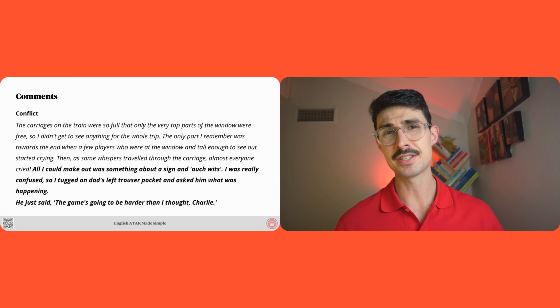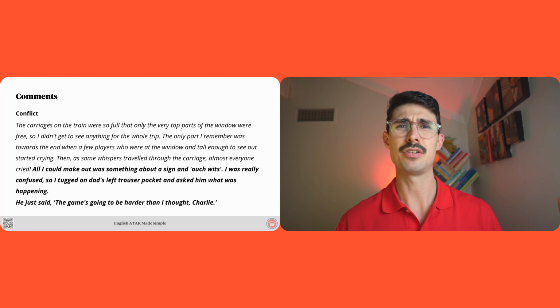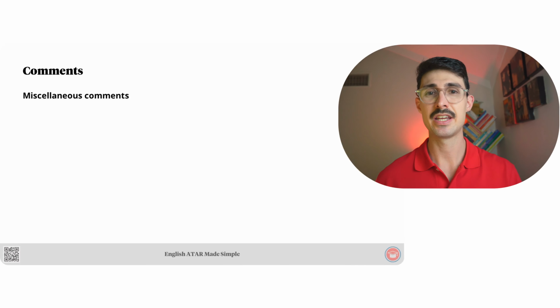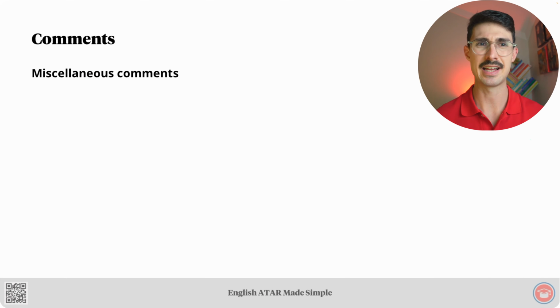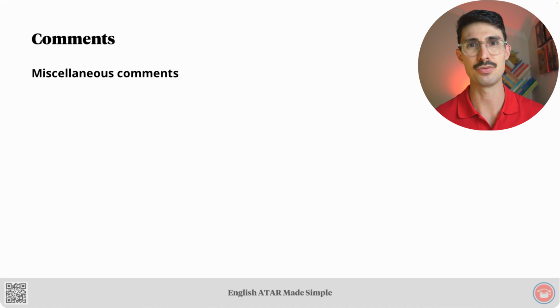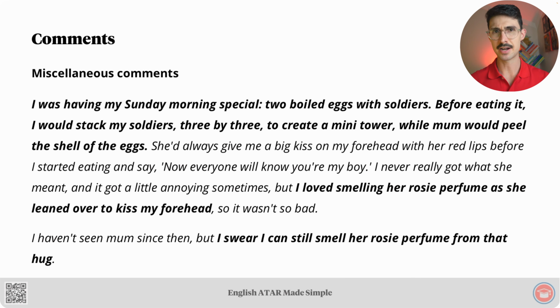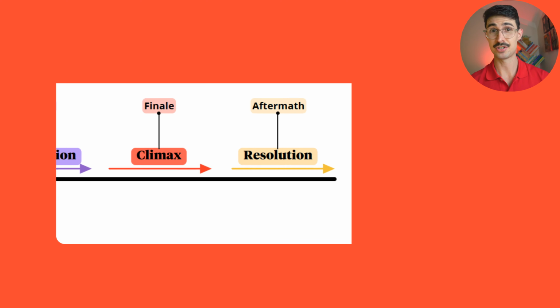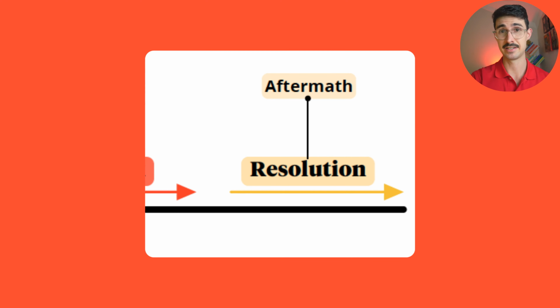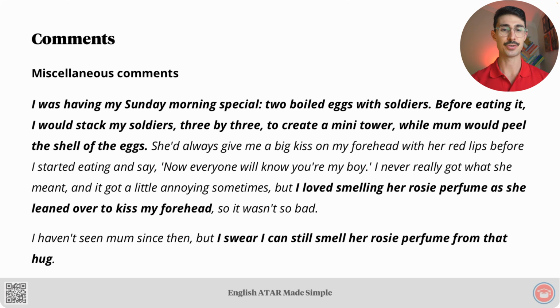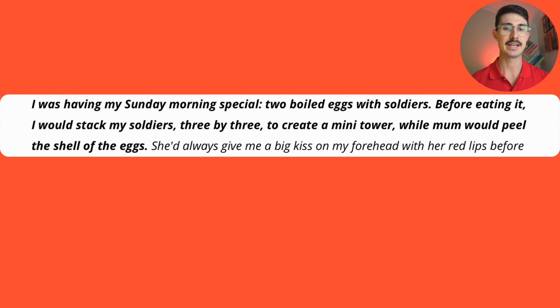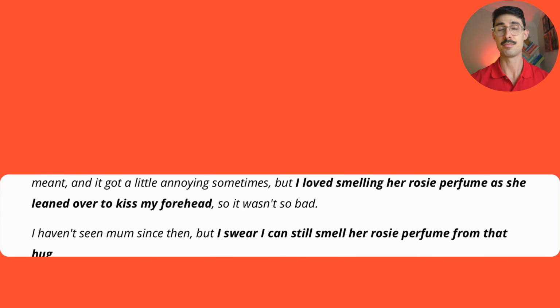Those are some comments directed at our two elements of the background section. Here are some miscellaneous comments that didn't really fit neatly into one of those ingredients. These highlighted parts on the slide foreshadow something that is discussed in the final section of this story, the resolution, that we're looking at in the next lesson. So watch out for references to this stuff about the boiled eggs and the tin soldiers and the perfume in that section.